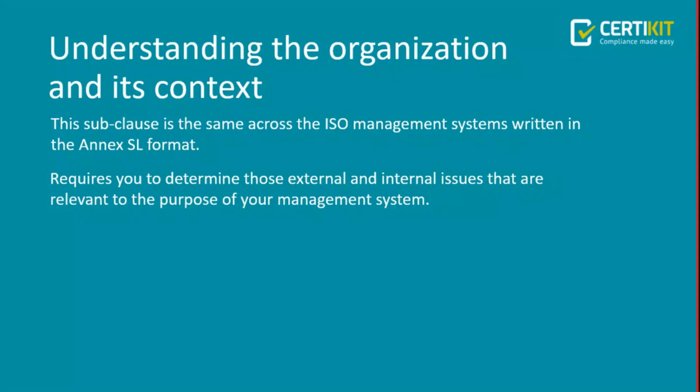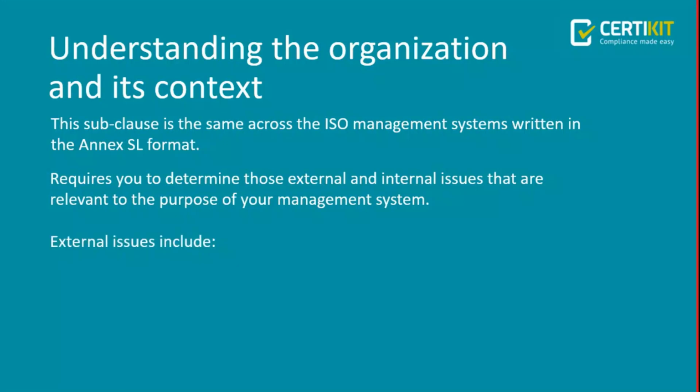If it's environmental, it's internal and external issues that could affect environmental aspects of your business, etc. It requires you to identify and document them. This is the important thing. You must identify and document your internal and external issues.